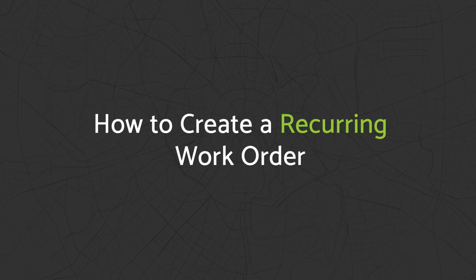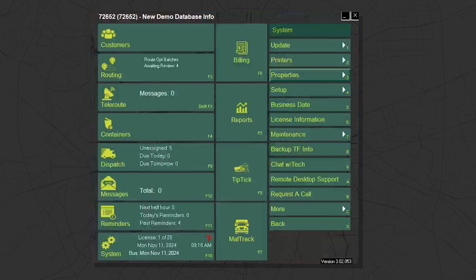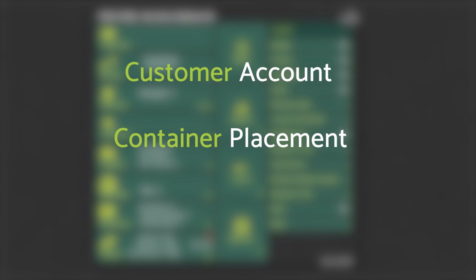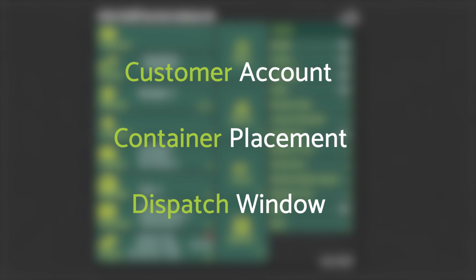How to create a recurring work order. To create a recurring work order, you will first create a work order. This can be done via the customer account, the container placement, or the dispatch window.